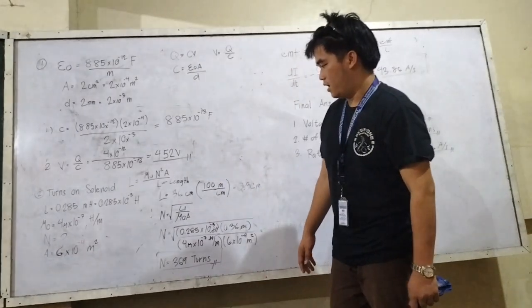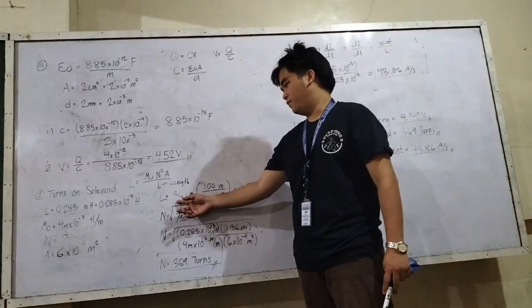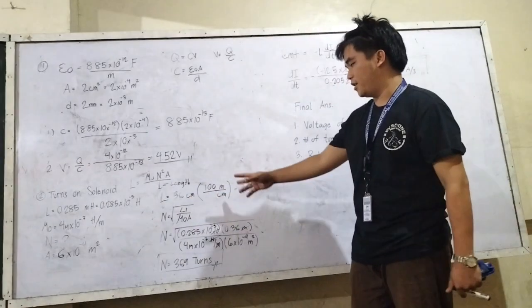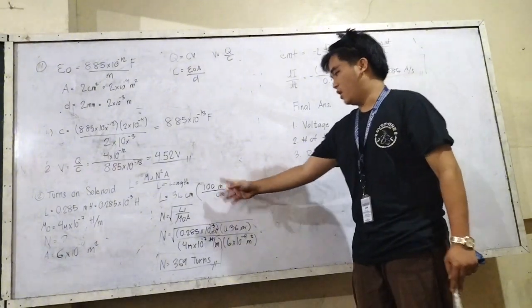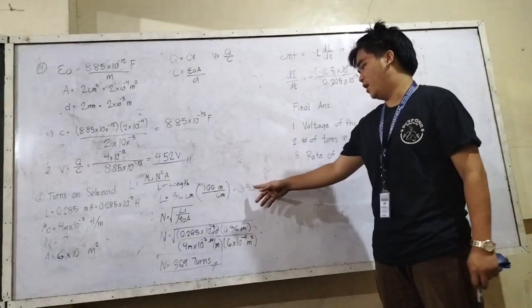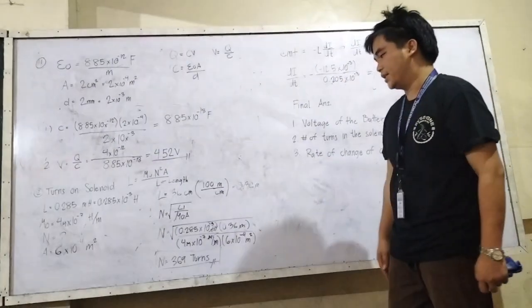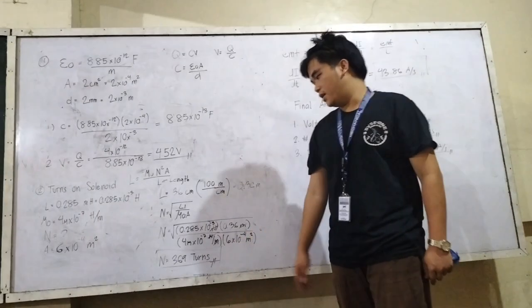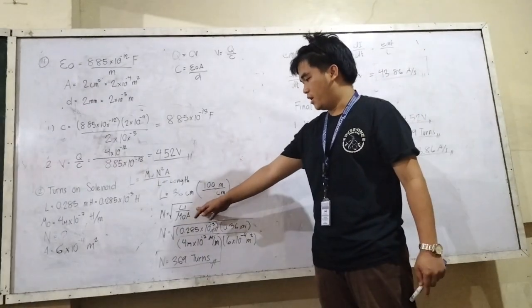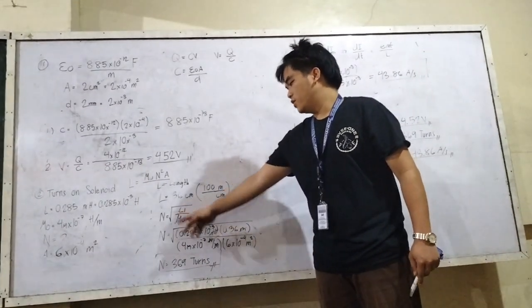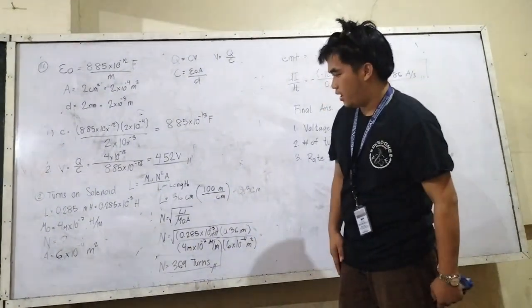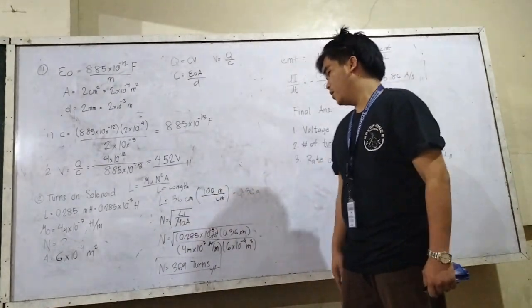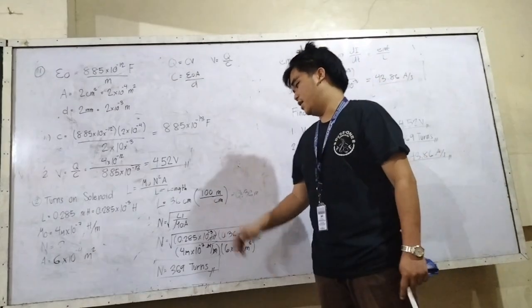So we have the length, 36 centimeters times 1/100 meter per centimeter. So cancel out the centimeter. So we have the answer 0.36 meter. So to solve the N, we have this formula, the square root of L times length over mu and the area.